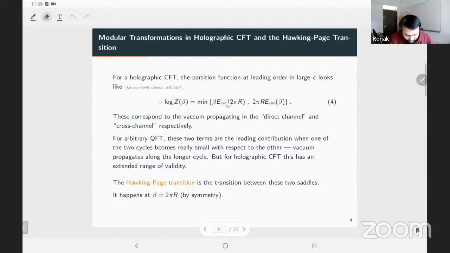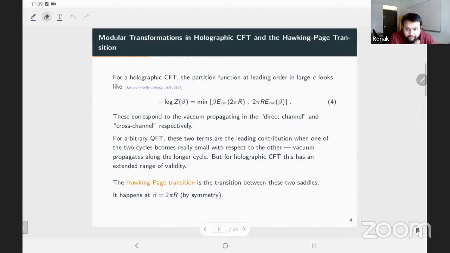So you can see that the two terms correspond to the vacuum on 2 pi r propagating along the beta cycle, or the vacuum on beta propagating along the 2 pi r cycle. This is the minimal form consistent with modular S invariance, and it turns out that this formula has an extended range of validity for holographic CFTs, which was shown by this paper here.